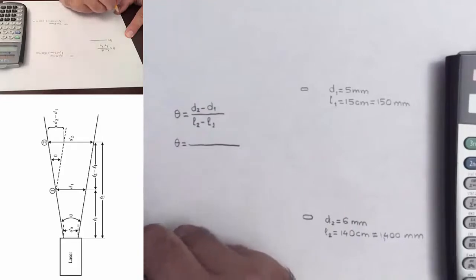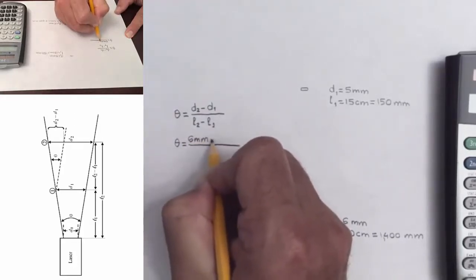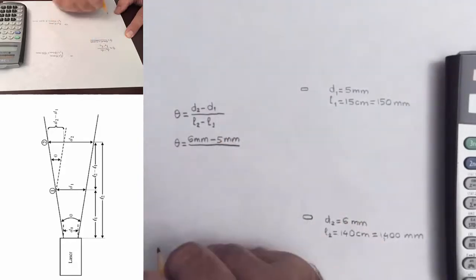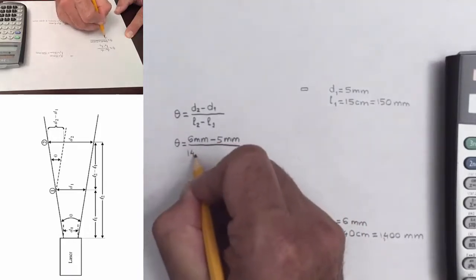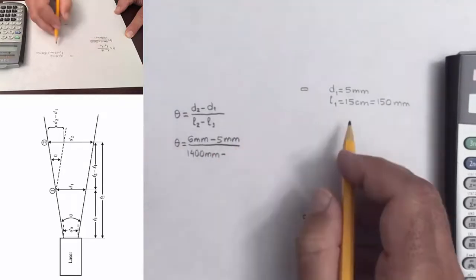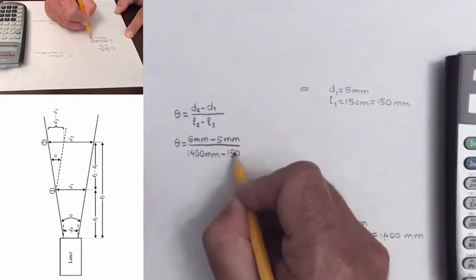So we are going to substitute the values that we just measured. For D2 we have 6 millimeters, minus D1 being 5 millimeters, over L2 being 1,400 millimeters, minus L1 being 150 millimeters.